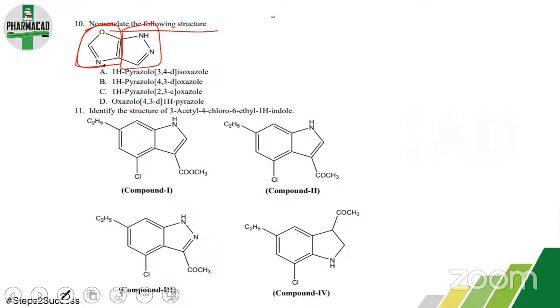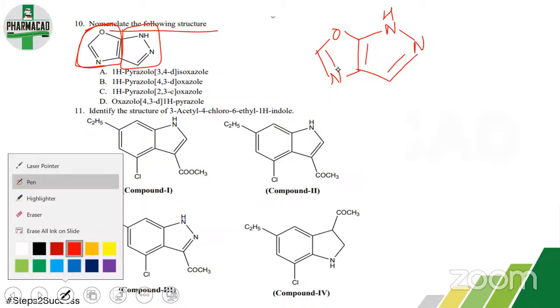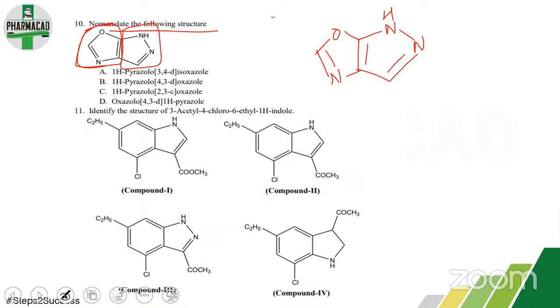First we have to give the numbering. Over here we have nitrogen with this NH, and here we have double bond and double bond. So first we will check the numbering. Numbering will start from this nitrogen: first, second, third, fourth, and fifth.